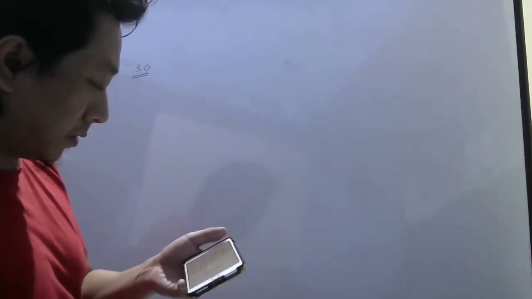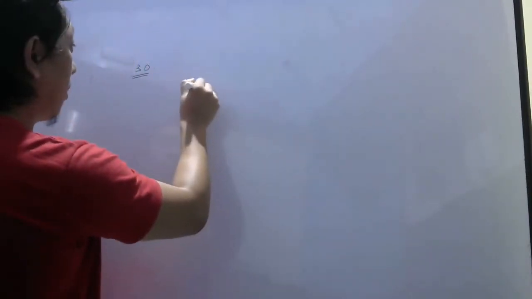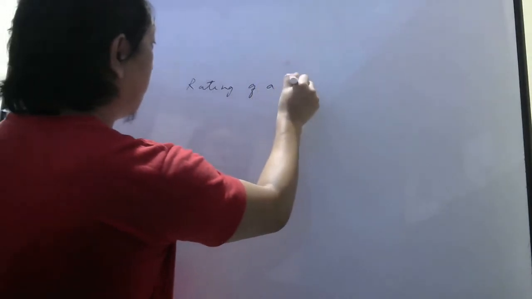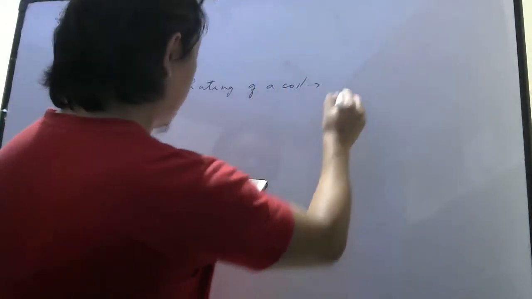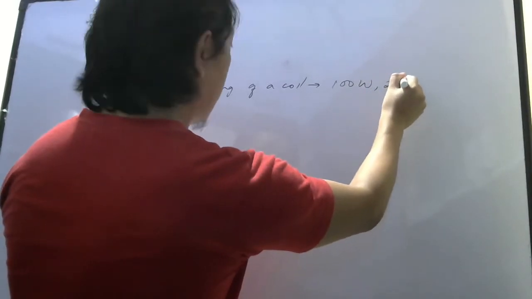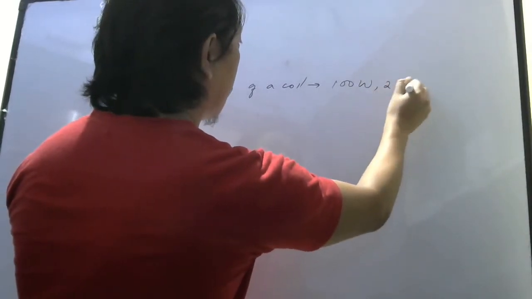In question number 30, they are saying a heating coil is rated 100 watt, 220 volt.